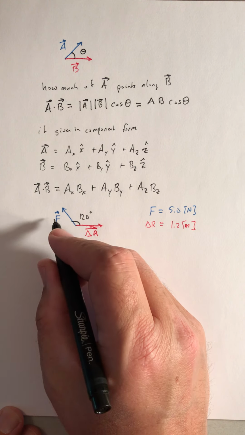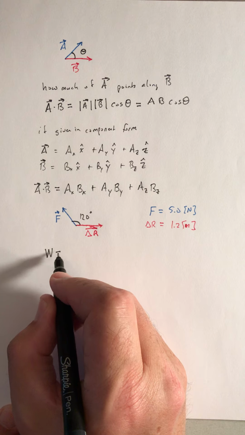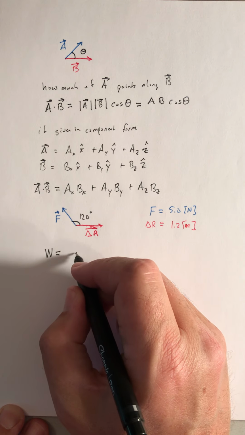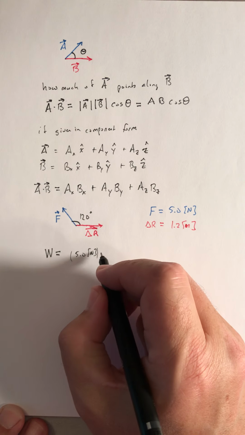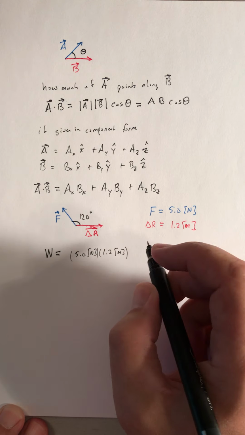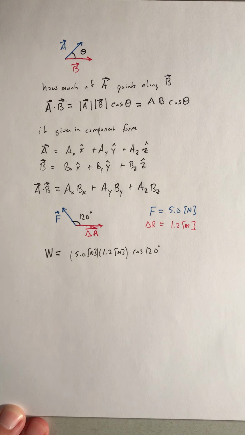And then the work done by my force F for that displacement is going to be the magnitude of the force, so 5 newtons, times the magnitude of displacement, so 1.2 meters, and then cosine of 120 degrees.